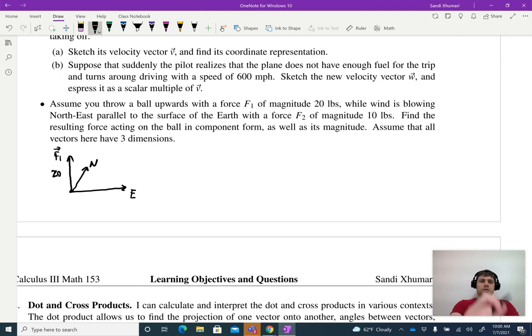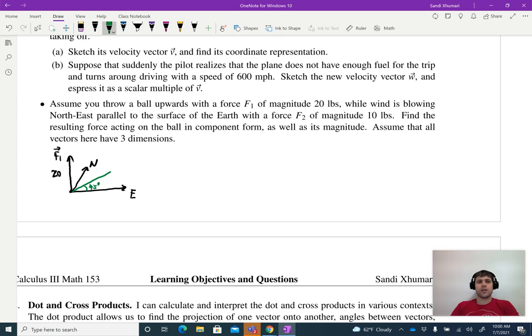And this is what's going up, 20 pounds. So northeast would be in this direction. Let me use a different color here. So northeast would be a 45-degree angle in here.